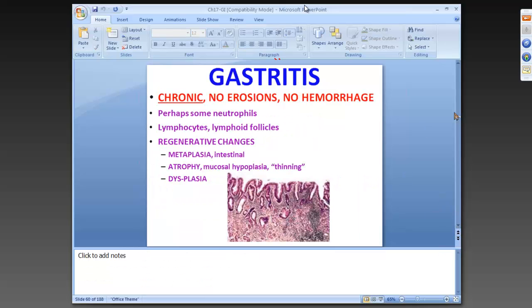Remember, chronic gastritis: no erosions, no hemorrhages, some neutrophils, lymphocytes, lymphoid follicles, with regenerative changes leading to intestinal metaplasia, atrophy, mucosal hyperplasia, thinning of the lining, and dysplasia.